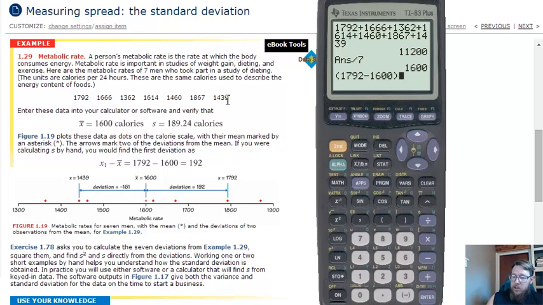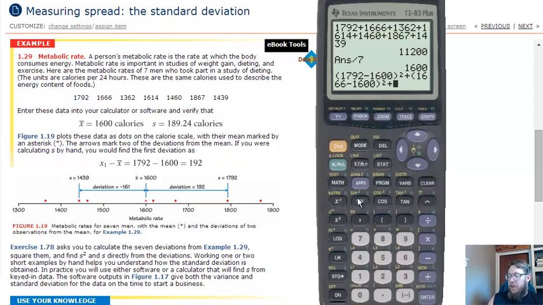So the first thing we do is square these values before we add them. So I have value number 1, 1792, minus the mean, squared. And I'm going to add that to value number 2, which is 1666, minus the mean of 1600, squared.